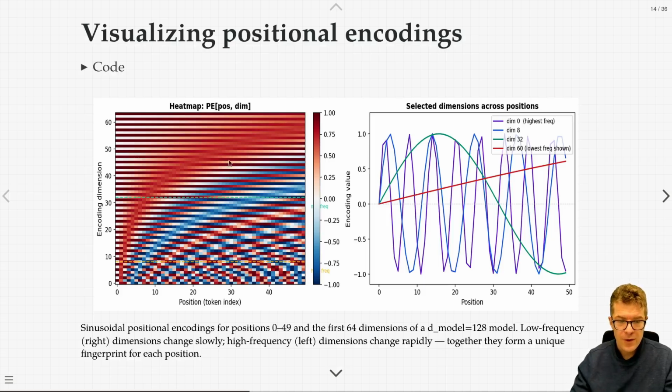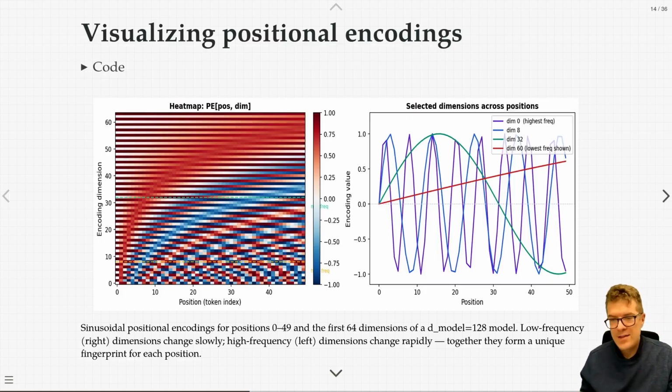If you look at any pair of columns here, these position encodings that are close to each other in terms of the token index, in terms of time, like two words that are close to each other in a sentence, the encodings are also going to be similar to each other in the position encoding space. If you don't believe me, I'll show you a visualization of that in a few moments also.